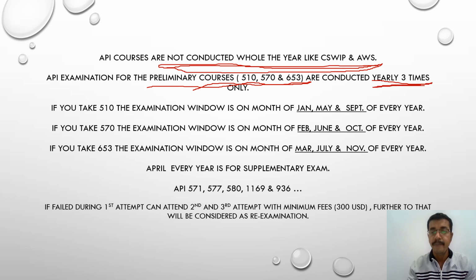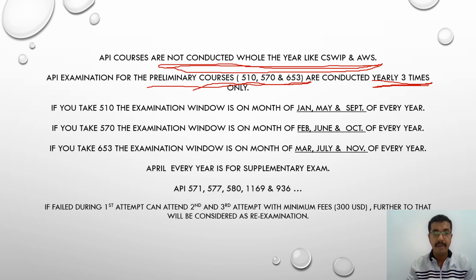You have to remember, no other time it will happen. There is no sponsoring company or institute conducting this. API exams only happen through Prometric centers. There is no other way. And it does not happen the whole year; it happens 3 times a year for the preliminary courses.